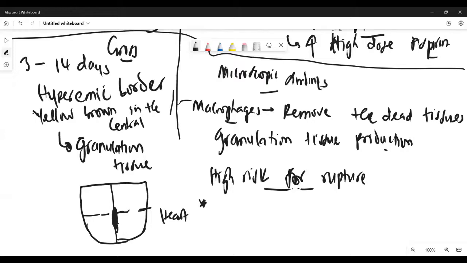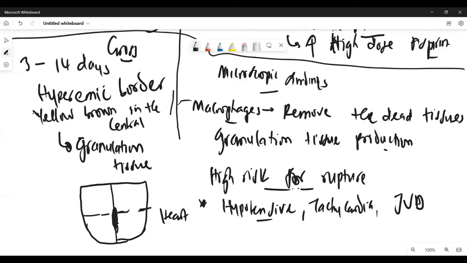The patient doesn't look good. You go there, you examine the patient, and you realize that the patient is hypotensive. The patient is tachycardic. There is jugular venous distension, and in addition to that, there's a distant heart sound, or sometimes we say muffled.